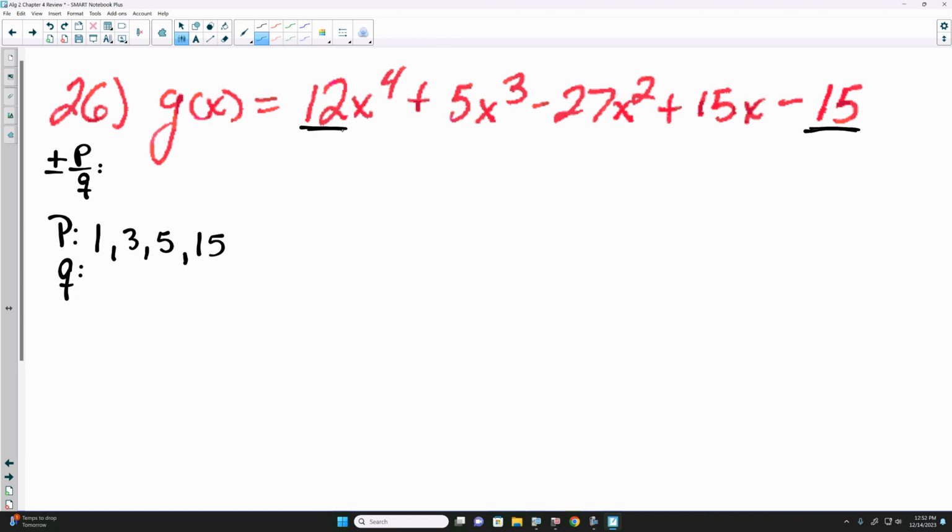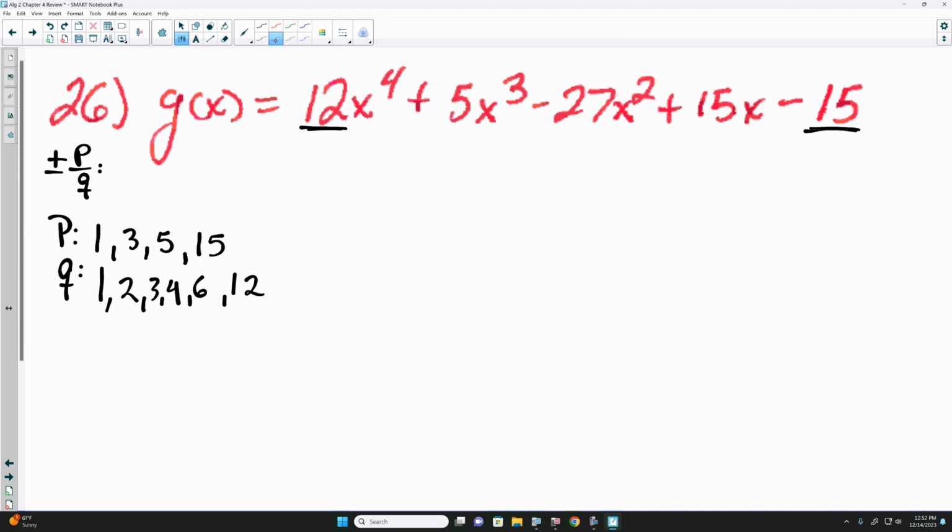The leading coefficient is the number in front of the variable with the biggest exponent. In this case it is 12. So we'd have 1 and 12, 2 and 6, 3 and 4. P is factors of 15, and Q is factors of 12.